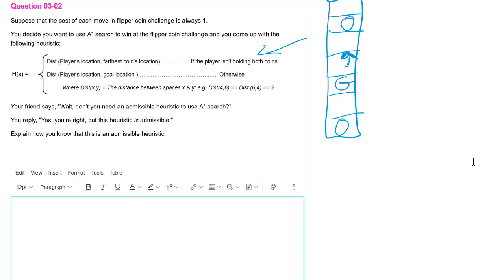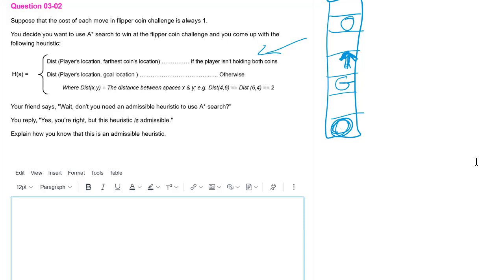And 3 is actually already more than the number of steps to get to the coin, because I have to do a flip. But more importantly, 3 is less than or equal to the cost of getting to a coin, picking it up, getting to the other coin, picking it up, and then bringing both of those coins to the goal.